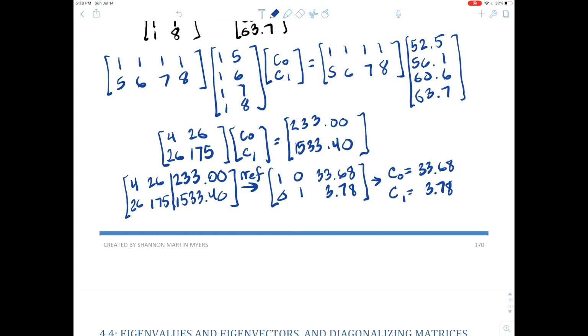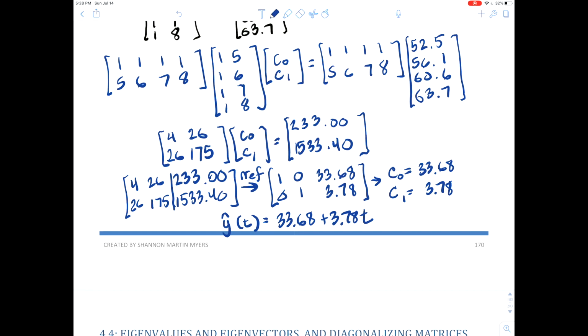So what we found is that our prediction model, okay, and usually, in statistics, you want to put a hat above your y to show it's a predicting model. So our prediction model, call it y hat at t, is going to be equal to what? C0, which was 33.68, and then plus 3.78 times t.